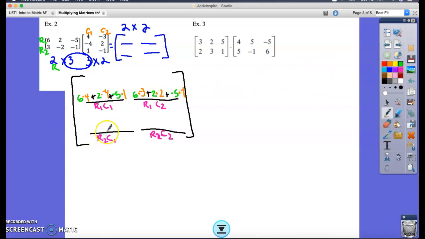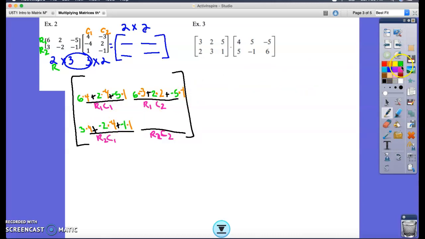So now I'm going to go to row 2 numbers, which are 3, -2, -1. And column 1 numbers. Column 1 are 4, -4, and 1. So I'm going to take these values and add them up.